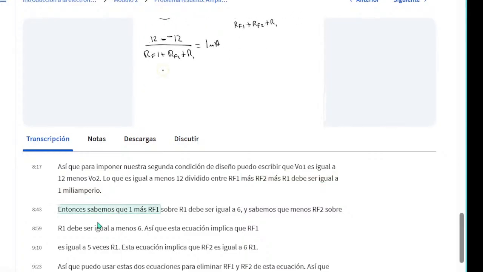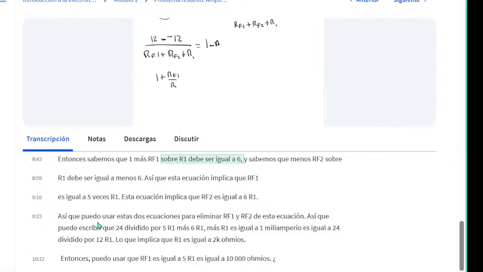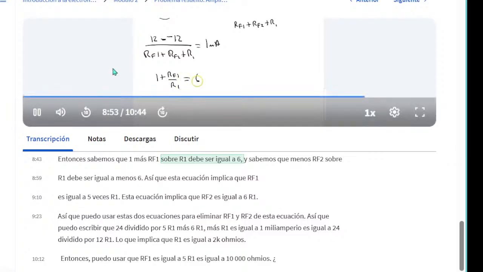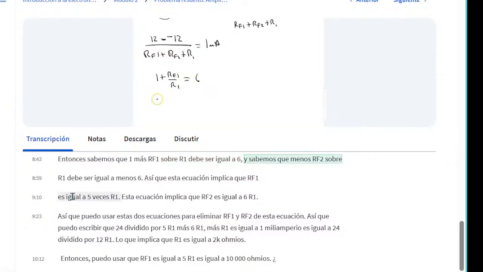Then we know that 1 plus RF1 over R1 must be equal to 6, and we know that minus RF2 over R1 must be equal to minus 6.